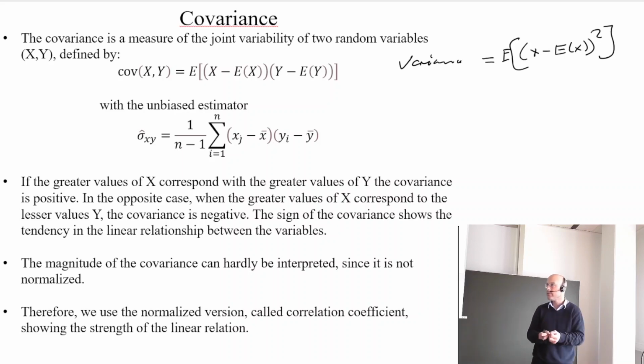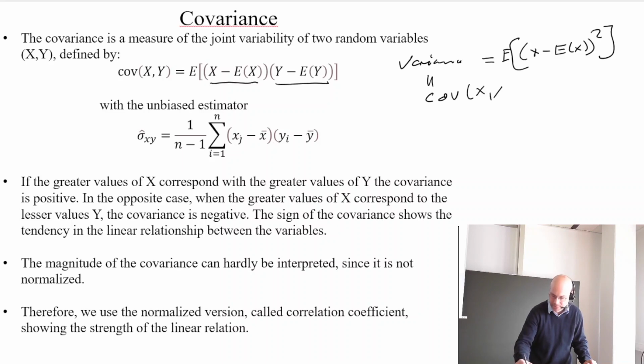Now we have two variables, so we just multiply the two distances of x and y from the mean of their variables, multiply it, and then take the expected value.